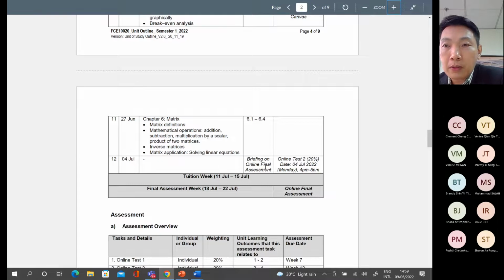Test 2 will be conducted on the 4th of July, 4 to 5 p.m. Do you have any class then? The 4th of July is Monday. This is the tentative date for test 2.